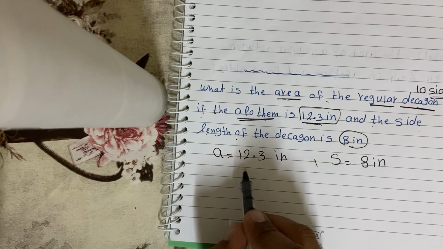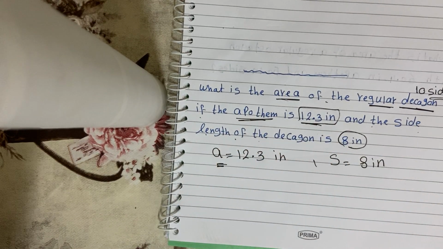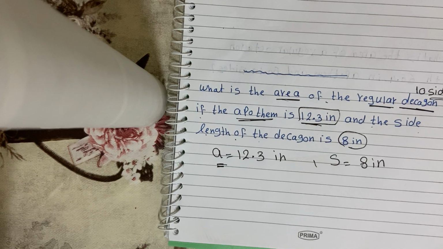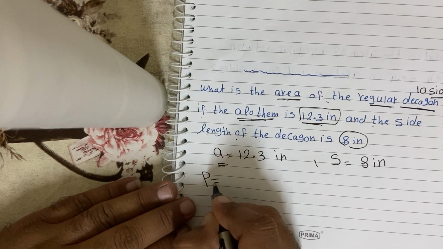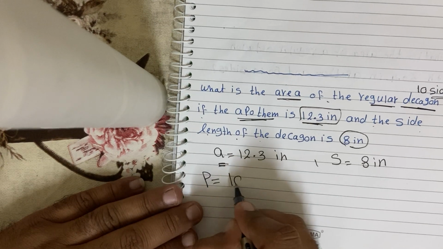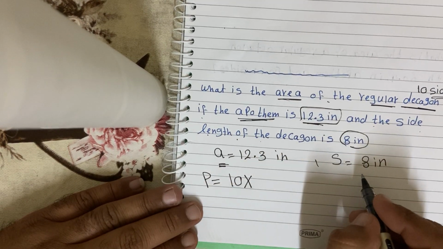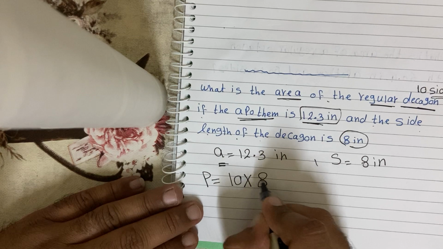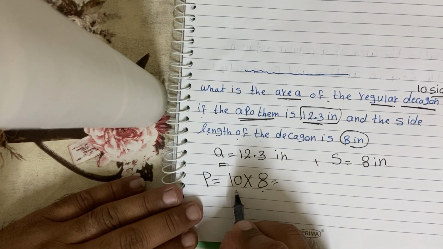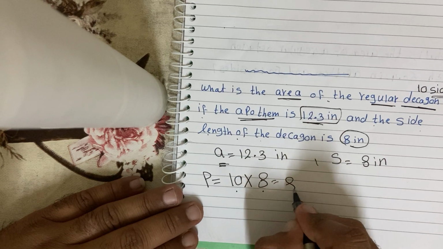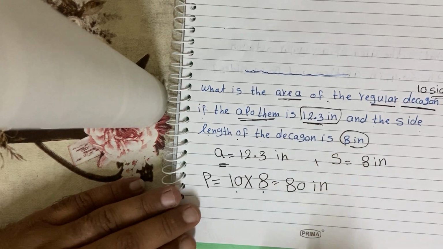Here I have the apothem A, but I don't have the perimeter. No problem, we can find the perimeter. The perimeter of the decagon is 10 times the side. Each side is 8 inches, and we have 10 sides, so 8 times 10 is 80 inches.